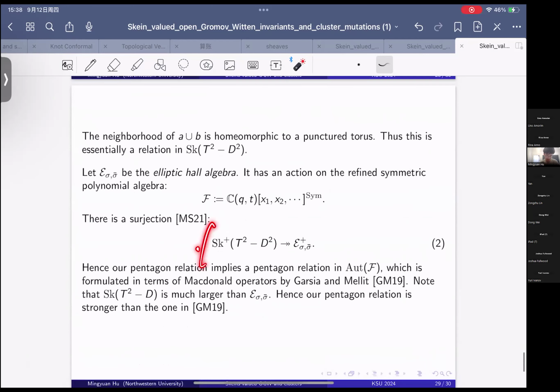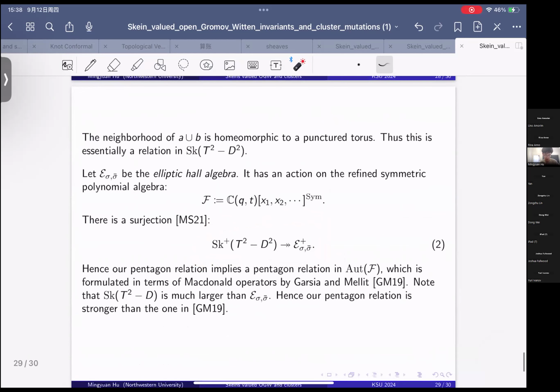And as Yang mentioned, there's this suggestion from the punctured torus skein algebra to the elliptic Hall algebra. So this pentagon relation reproves the pentagon relation in the elliptic Hall algebra, and because this thing acts on the ring of symmetric functions, maybe that's called Fock space or something.